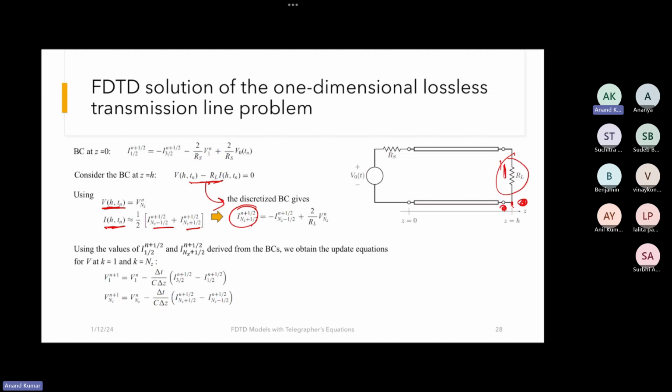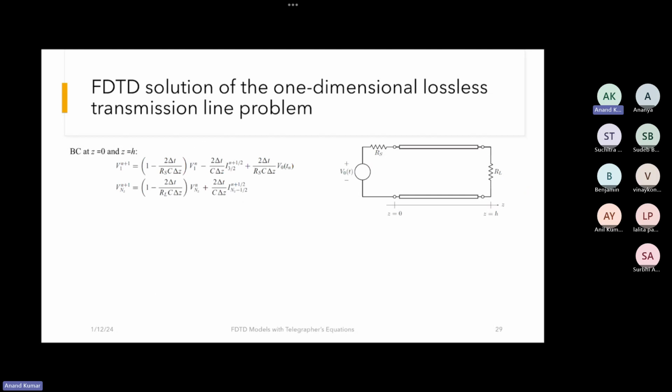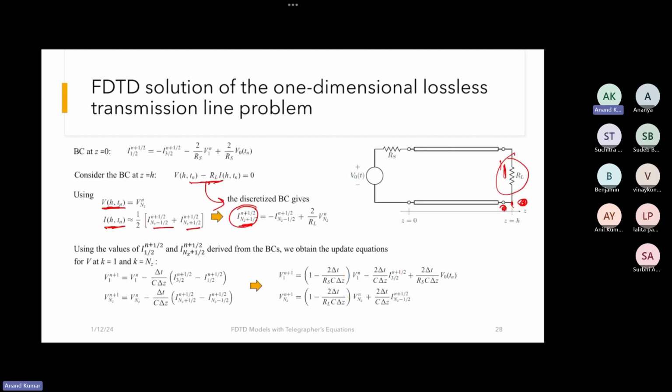And once we have this current value over here, we can substitute this back into the previous expression. So this was unknown and this was unknown. In the previous slide we evaluated current at half value, and in this slide we evaluated current at the n plus half value.